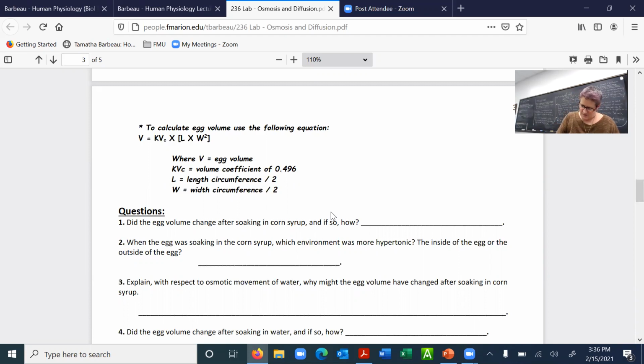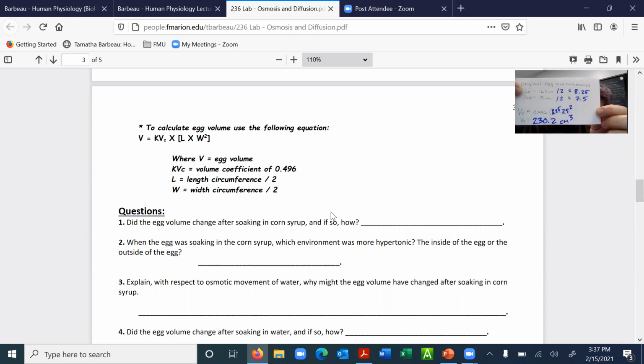Now when I multiply that by 8.25, the length measurement that had been divided, I get 464.4. And then when I multiply it by the constant of 0.496, I get 230.2 centimeters cubed.